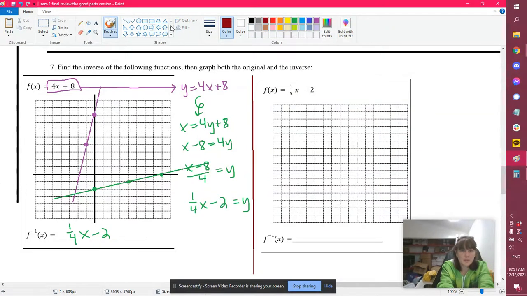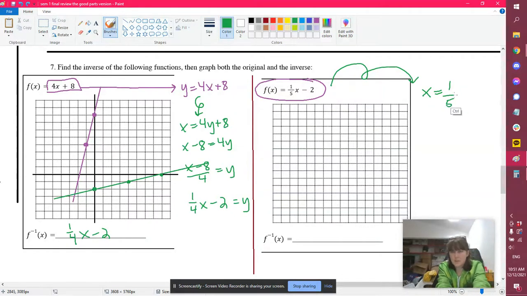Same thing, right? I'll graph my original in purple. I'll find my inverse by switching my x and my y and solving for y. I add 2 to both sides. And then I multiply everything by 5.